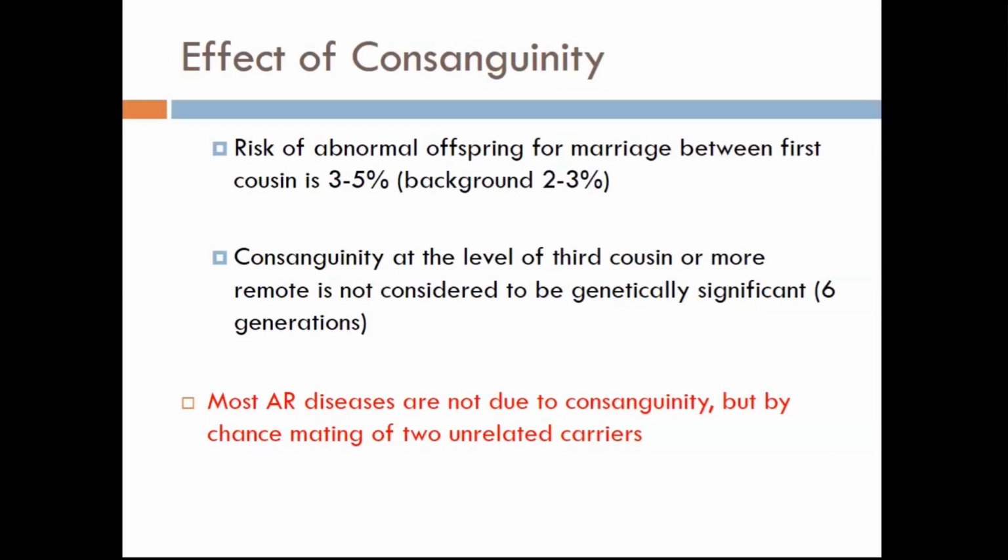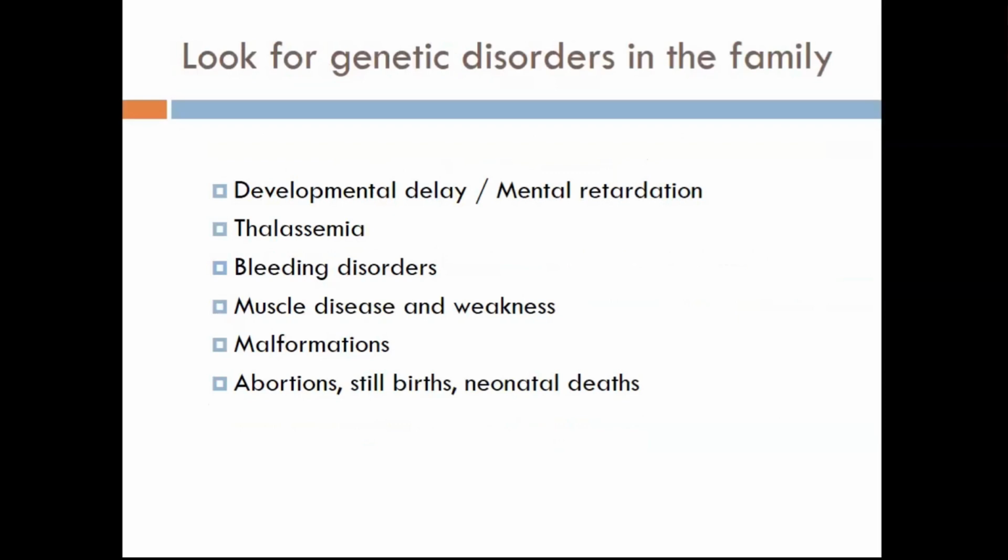So if MCV is low and A2 is more than 3.5, you screen the partner and do mutation testing and get them prepared. Similarly, you can also screen for SMA. Though it is not that available, if you are working in a private setting, please screen for SMA. The SMA carrier rate is very similar to thalassemia throughout the world.